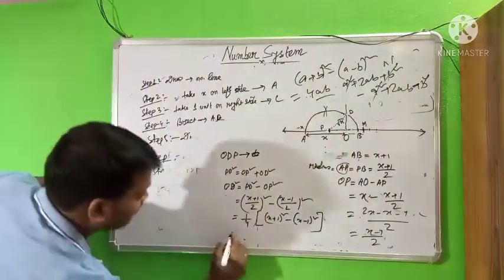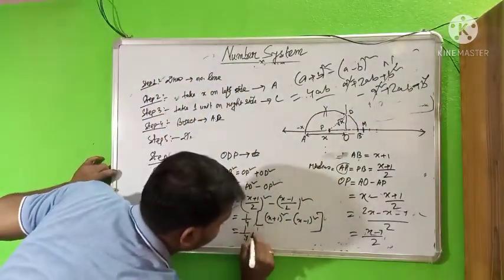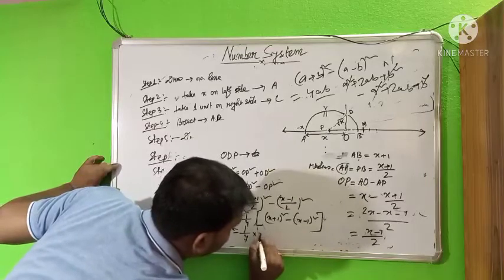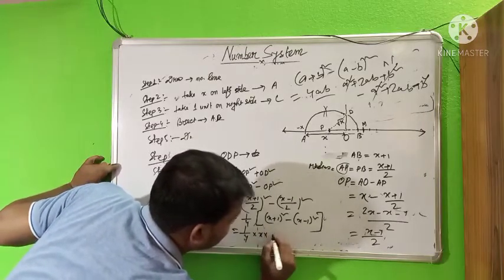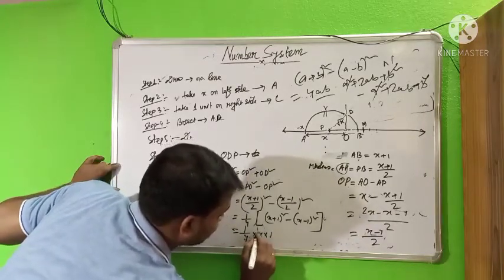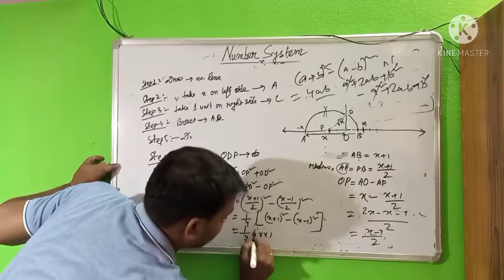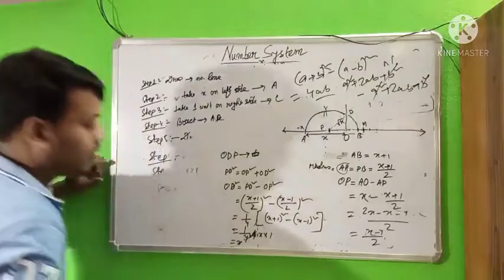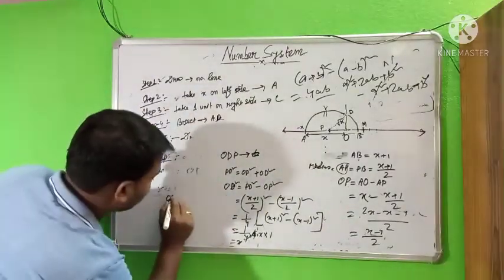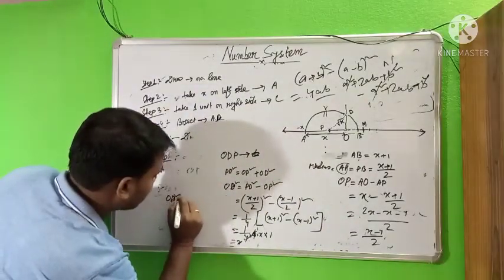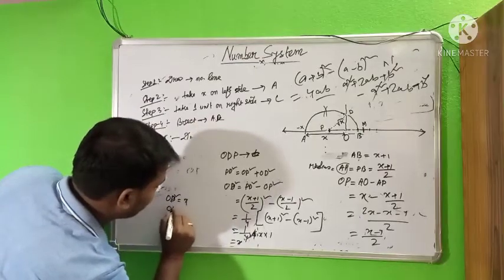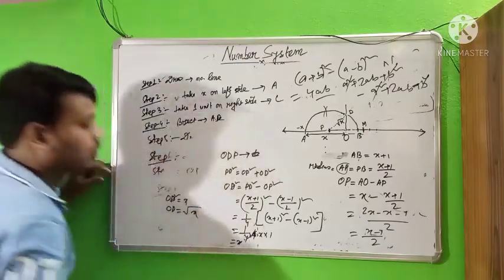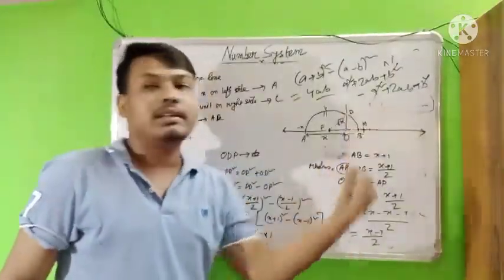So 1 by 4 into 4ab. In place of a the value is x, in place of b the value is 1. So 4 will cancel, then the value of OD square equal to x. Therefore the value of OD equal to root over x. So that's why OD is root over x.